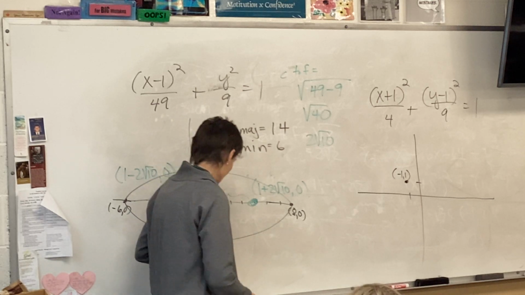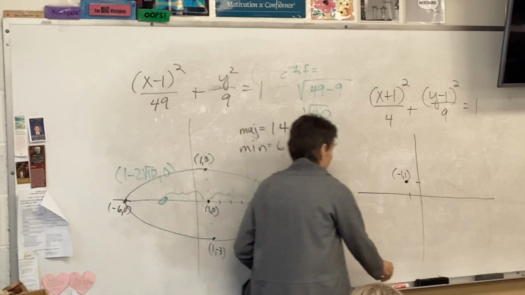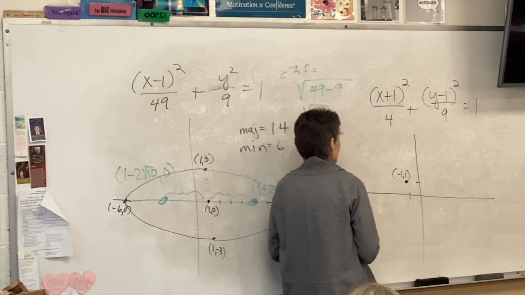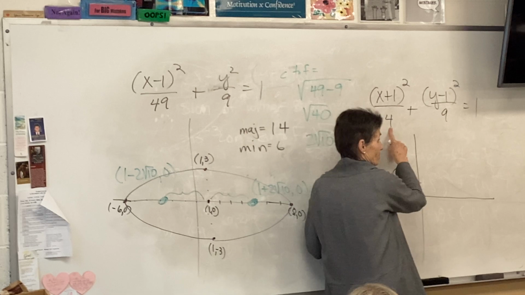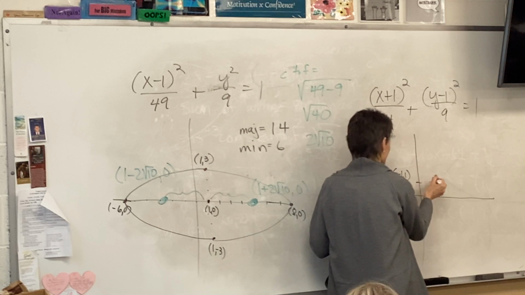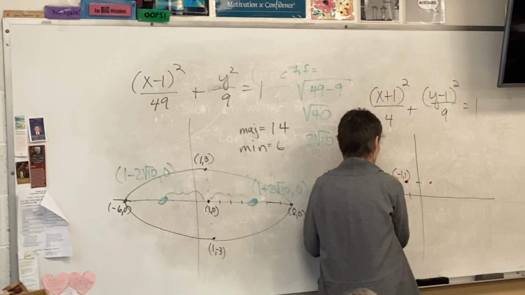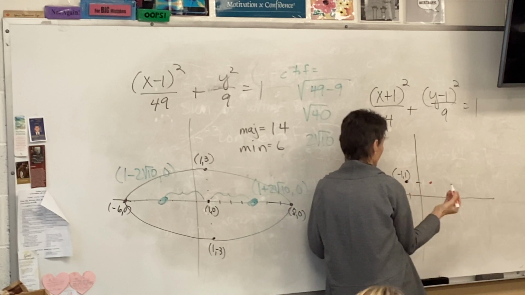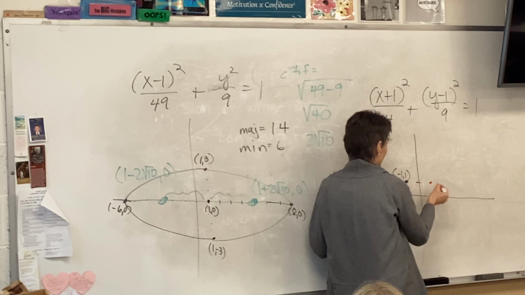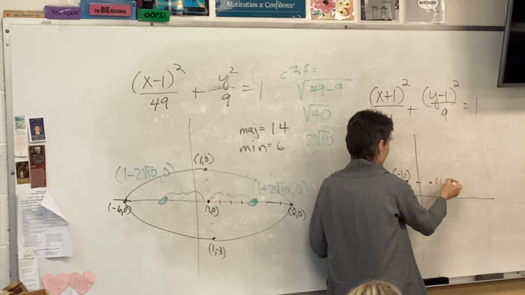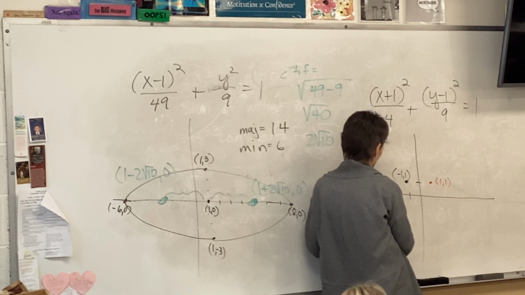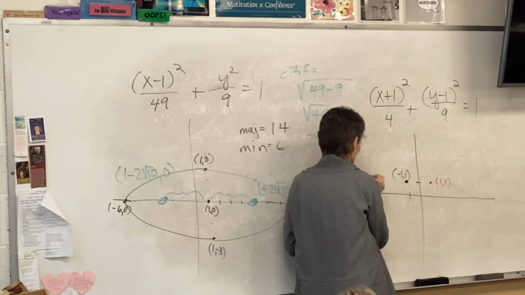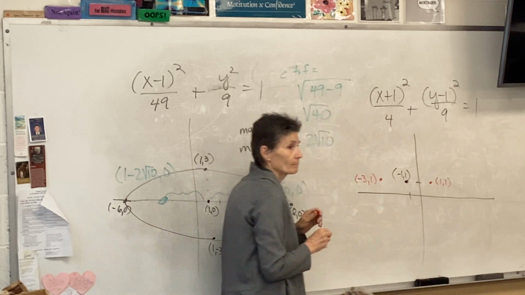Now I need my vertices. So what does this 4 tell me? 2, 2. Go sideways 2. And I need to know what those points are, so I'll look at my graph paper. This one is 1, 1. And this one is -3, 1.